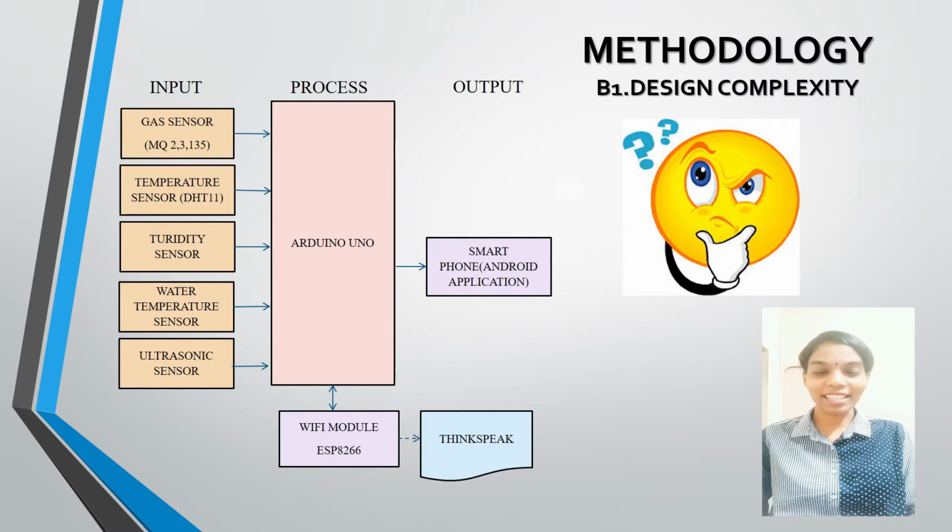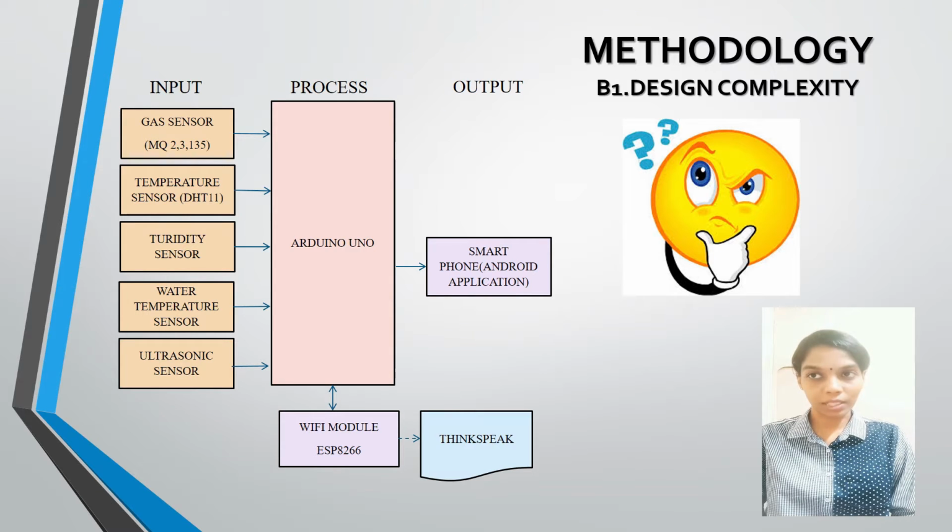Thank you. I'm Nusia Mulyadi, and I'm from RK53. On behalf of my part, I would like to continue with the design complexity. We have proposed an air and water quality monitoring system for the environment. This project mainly shows the parameters of air and water.